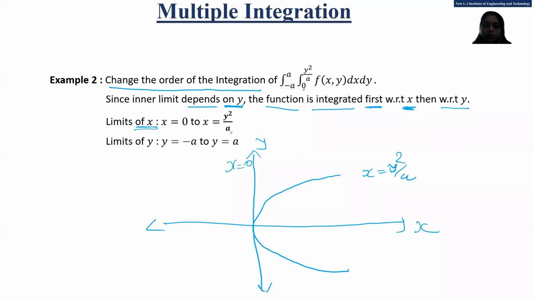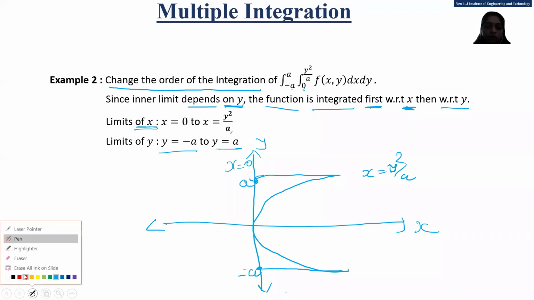Now, y equal to minus a and y equal to a. Suppose there is a point minus a on the y-axis and one point y equal to a here. So one line passes through y equal to minus a, and the other line passes through y equal to a. Now, what is the region of the integration?